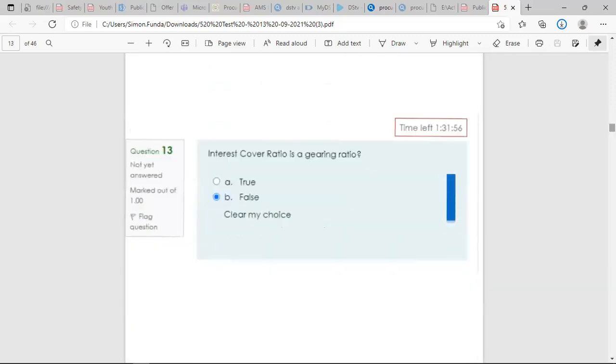Interest cover ratio is the gearing ratio, true or false? The answer is supposed to be true. I don't know why they picked false.